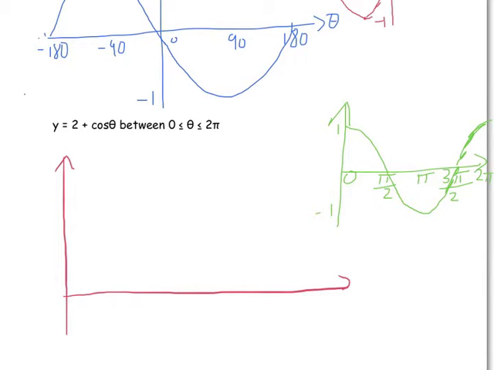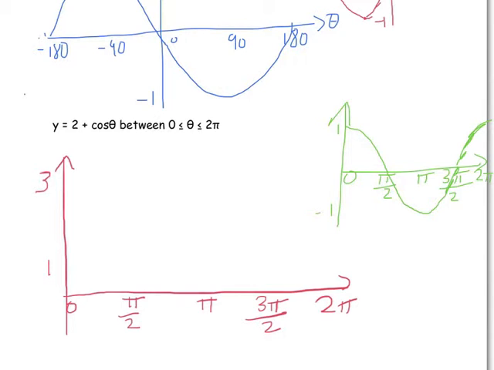So we're going between 0, pi over 2, pi, 3 pi over 2 and 2 pi. Remember, cos of 0 is 1, add on 2 is 3, and cos of pi is minus 1, add on 2 is 1. So there's our two limits.